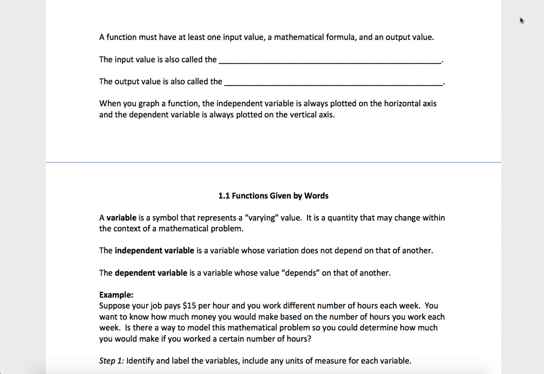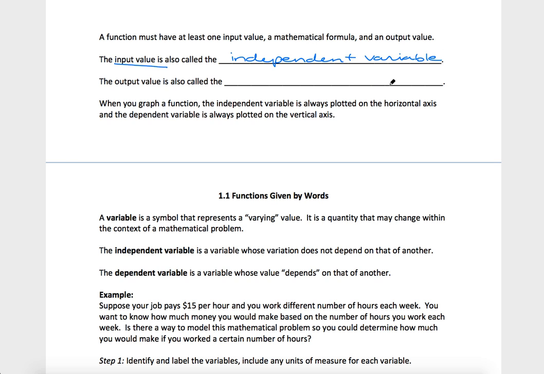It doesn't depend on another variable. So an independent or an input value, the input value of a function is sometimes called the independent variable, right? Because it doesn't change based on another variable.